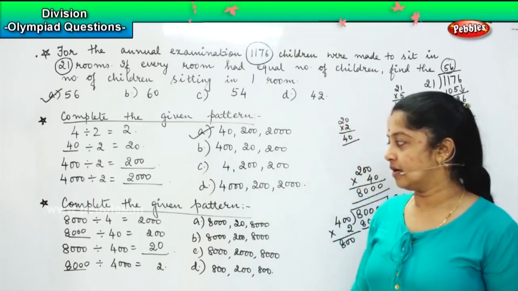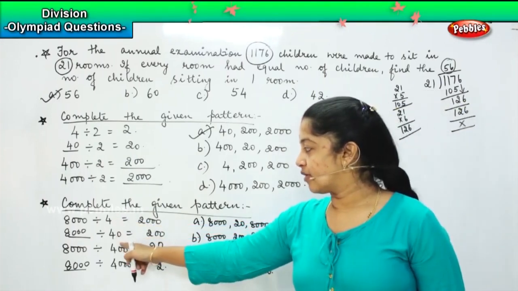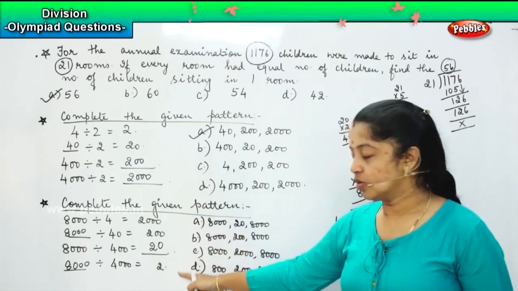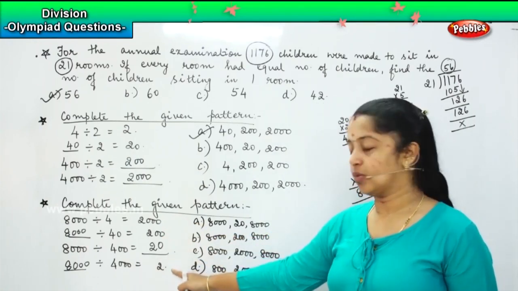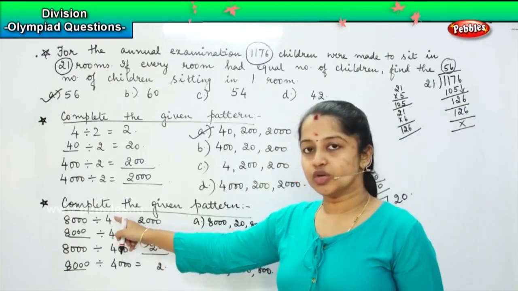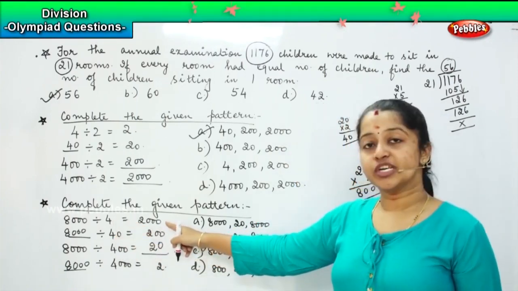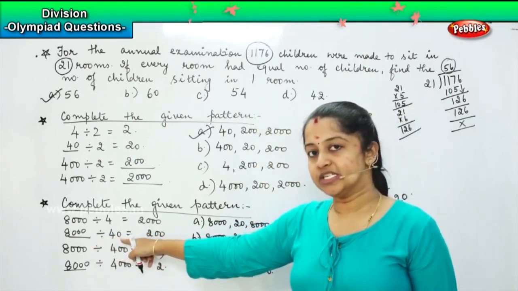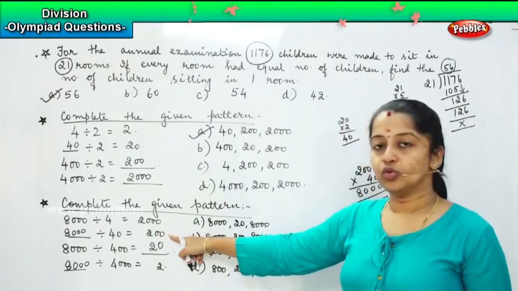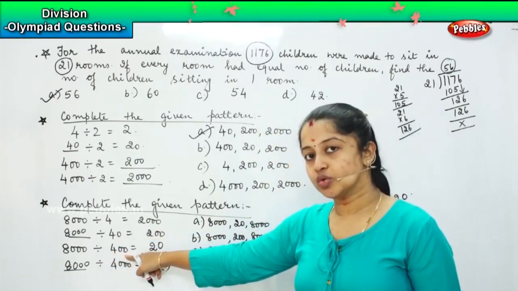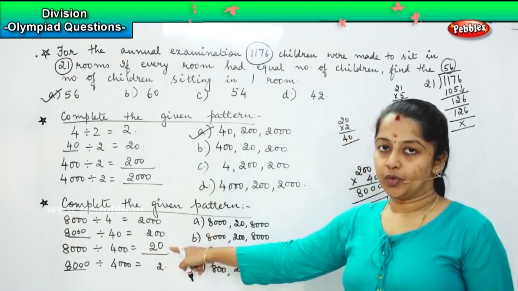So if you see here, when I am increasing the number of zeros in my divisor, my quotient is reducing by that many zeros. In the first case, there was no zero, so my quotient was 2000. In the second case, when I increased by 1 zero, it came to 200. In the third case, when I increased it to 2 zeros, the answer became 20.